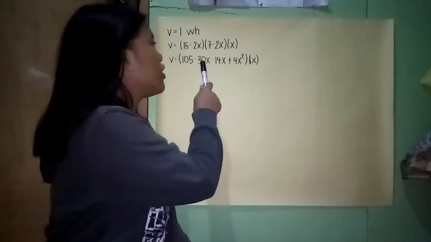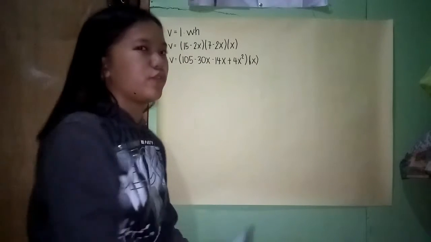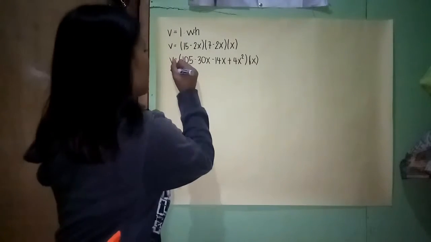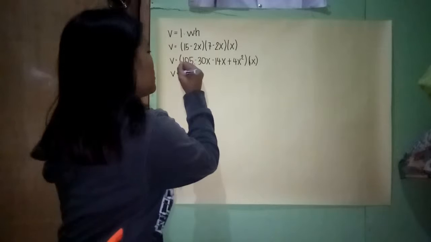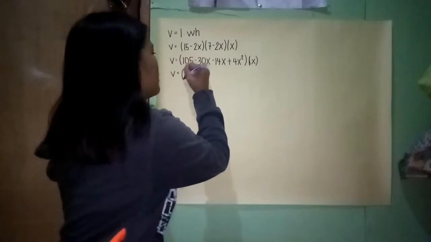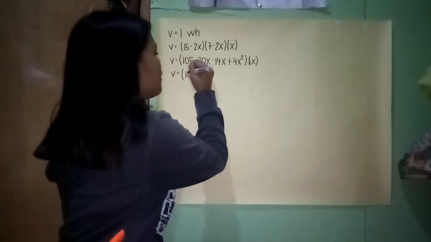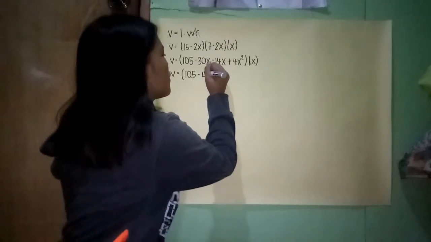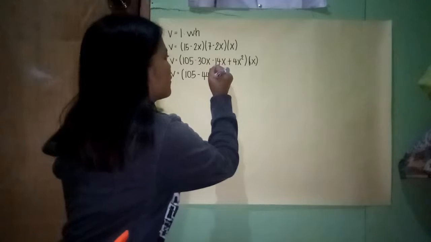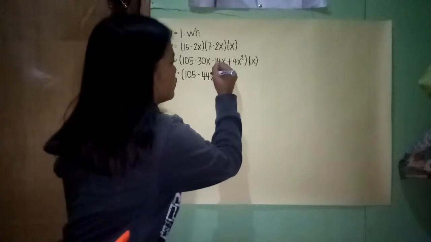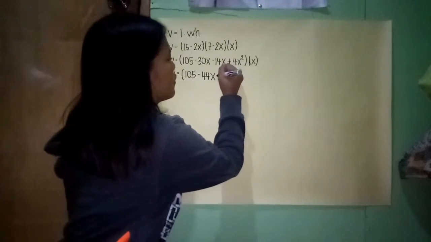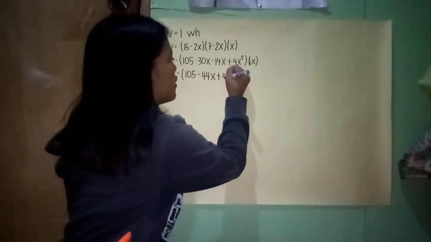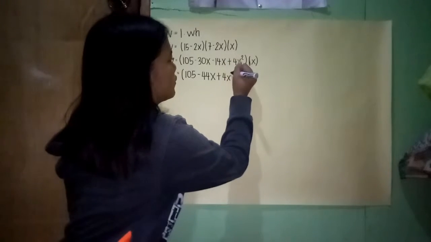So now, we're going to solve negative 30x minus 14x. So this will be 105 minus 44x plus 4x squared.